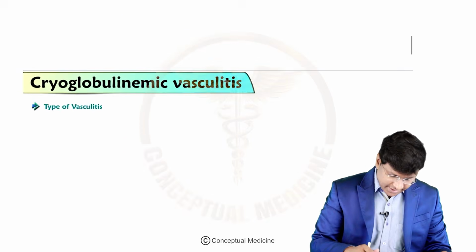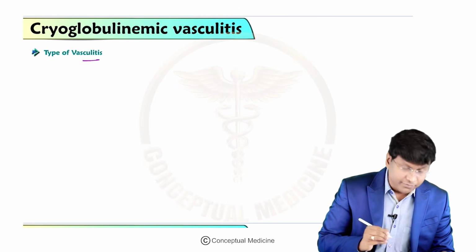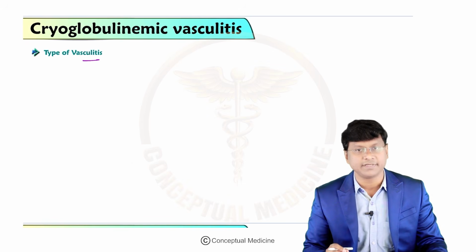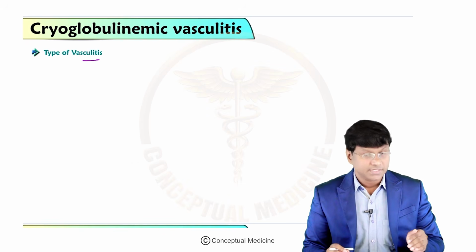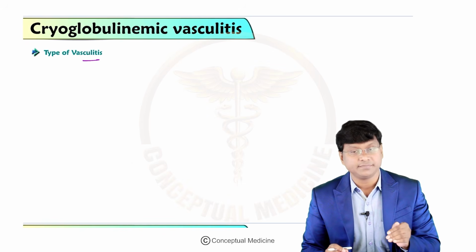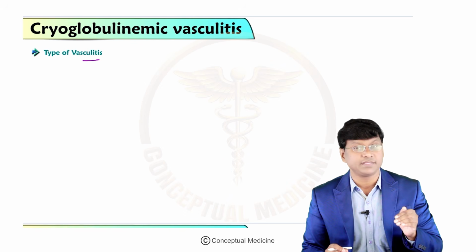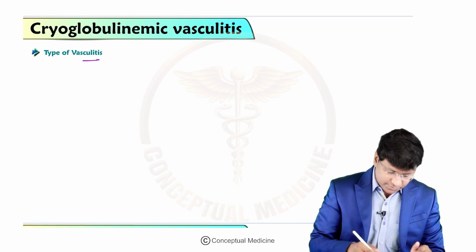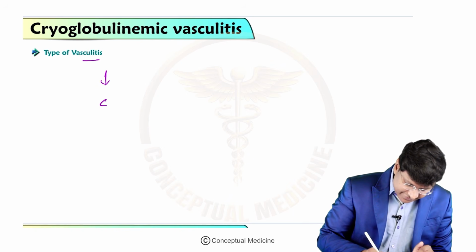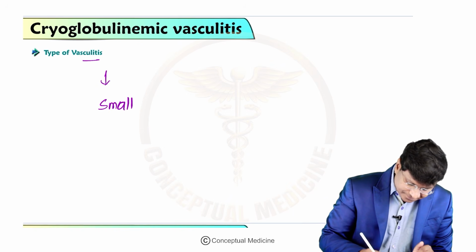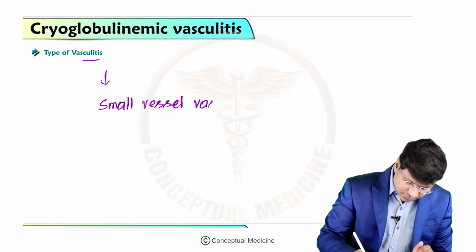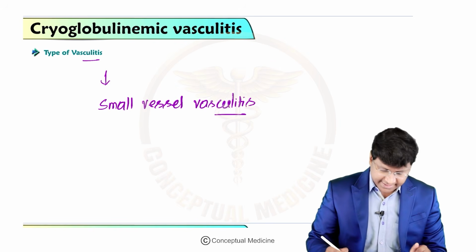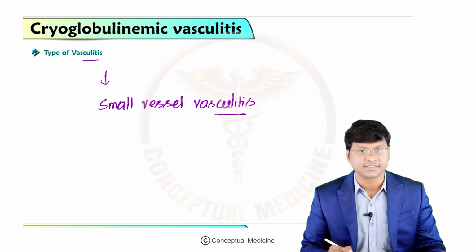Now, if you see the type of vasculitis in cryoglobulinemia, it is associated with immune complex mediated small vessel vasculitis.